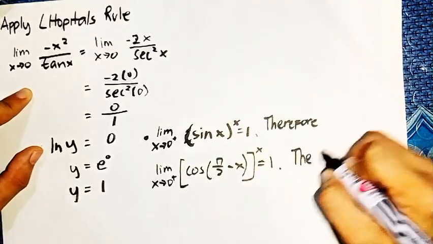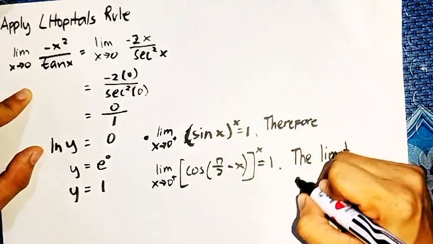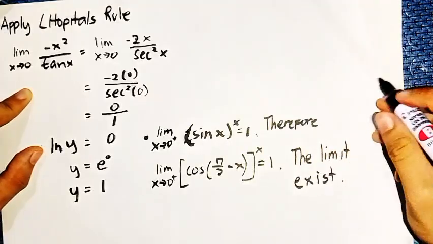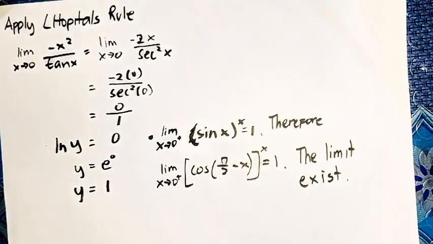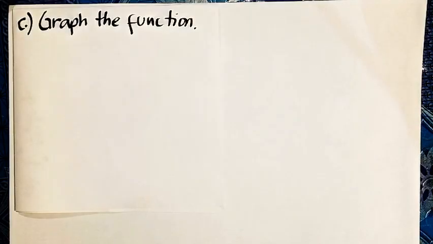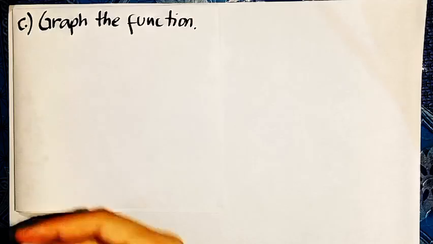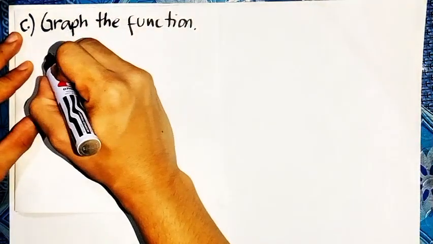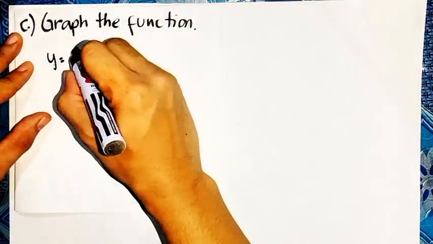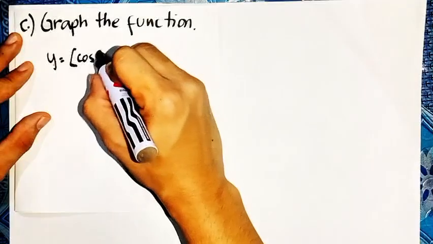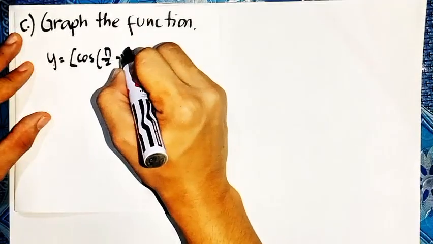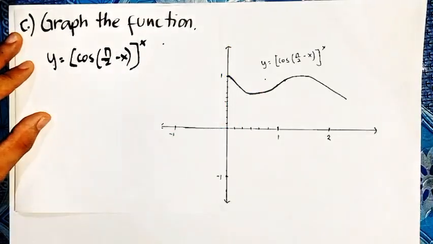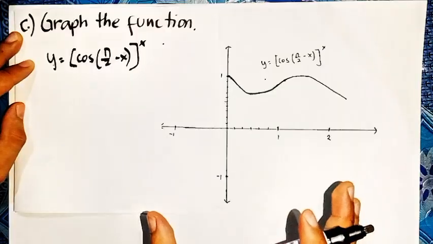The limit exists. Now, the graph of the function y equals cosine of pi over 2 minus x to the power of x looks like this.